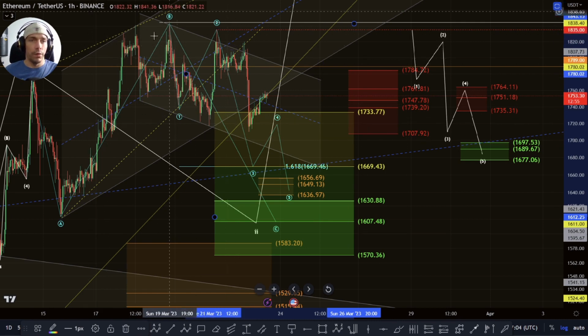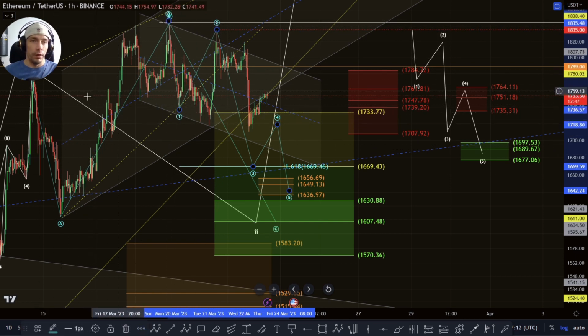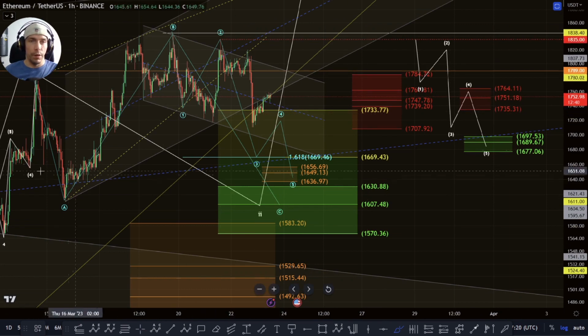So the problem as well is, if we do start to move this B wave over and say that we've completed here, it becomes quite disproportionate. This is already stretching it a little bit, saying this is an A, B, and looking for the potential of a C.